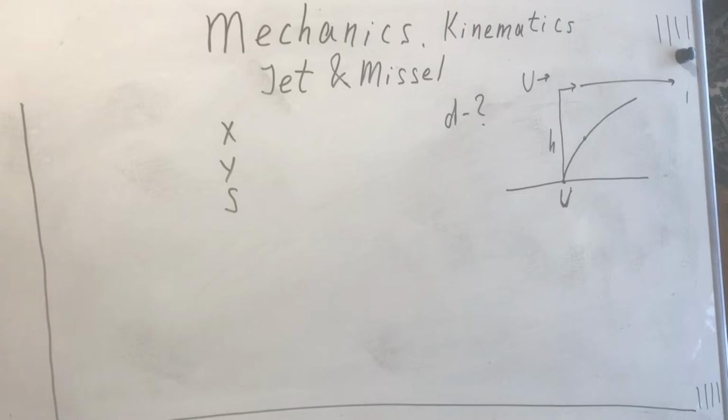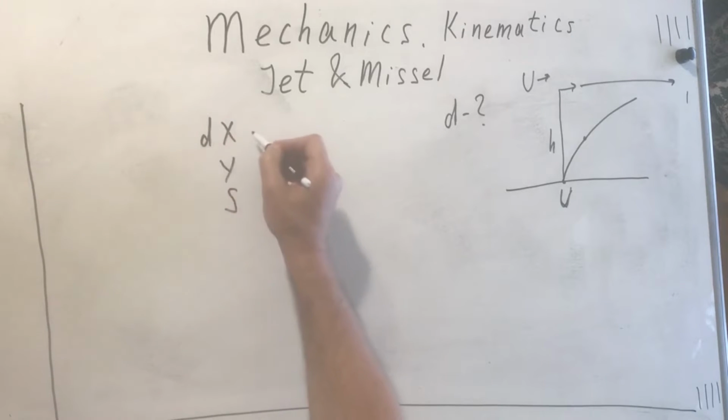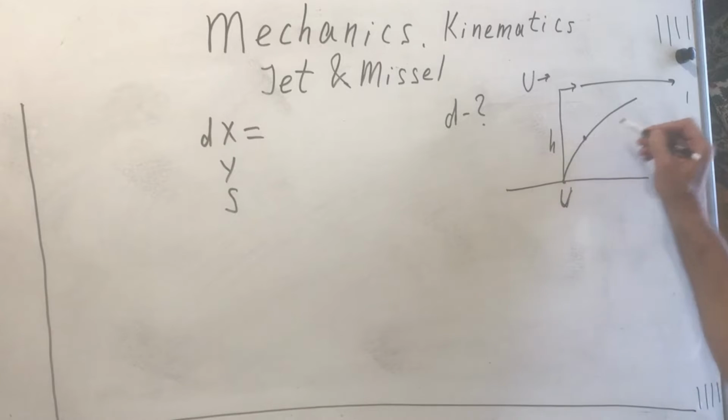And now we can write how they change, infinitesimally, for delta t. We can write this expression for dx, let's connect our points.